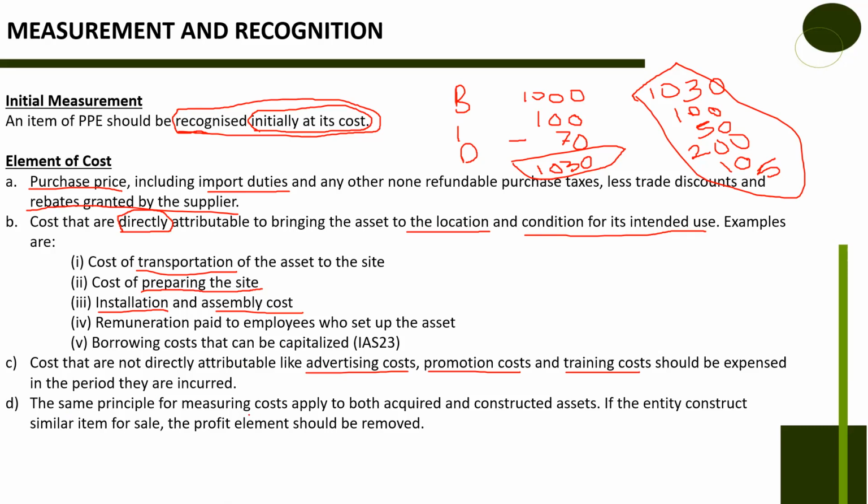The same principle for measuring cost applies to both acquired and constructed assets. You can say you are the one that is going to build it yourself, that you want to construct a similar item.